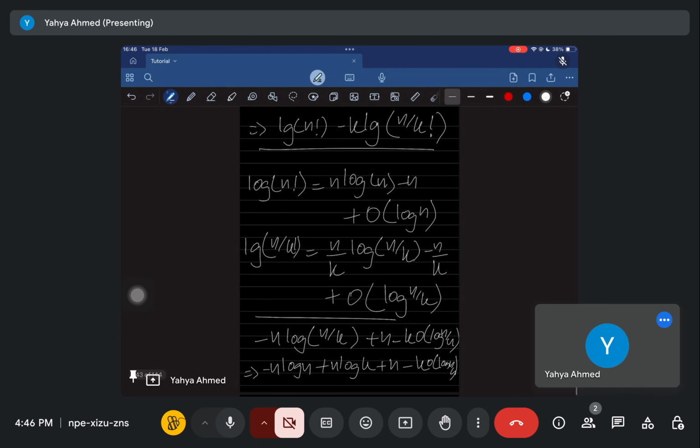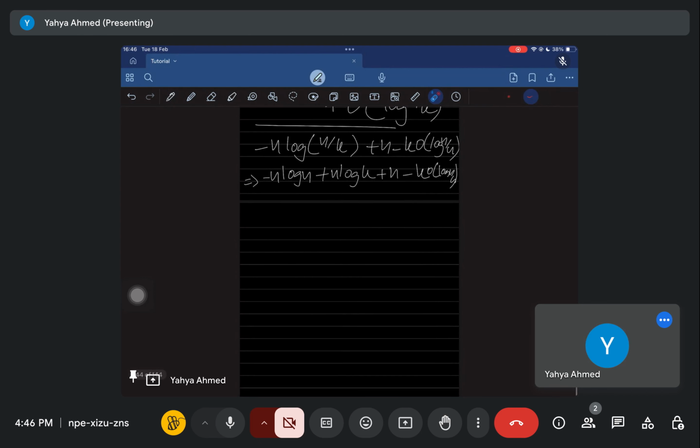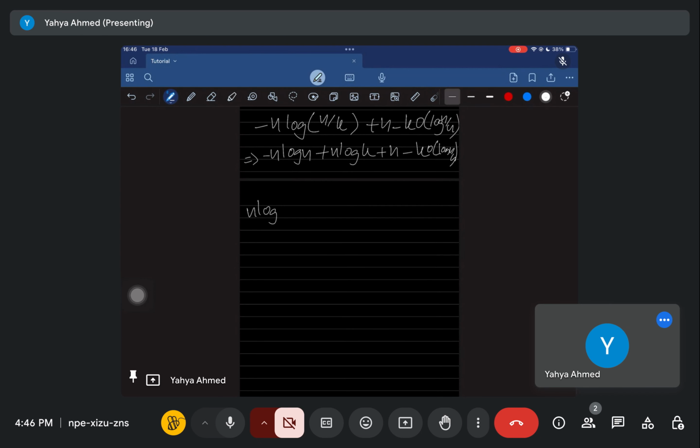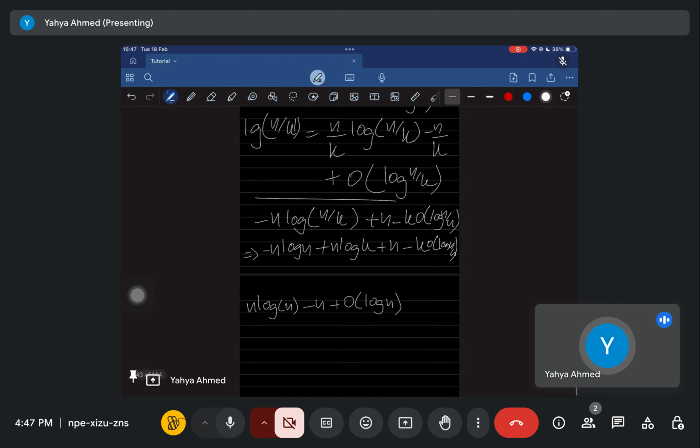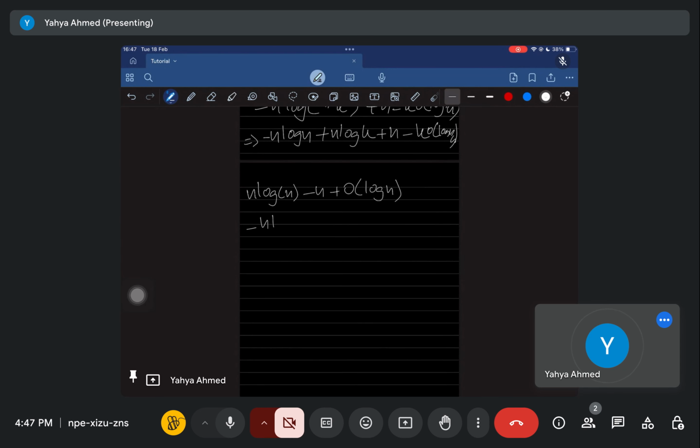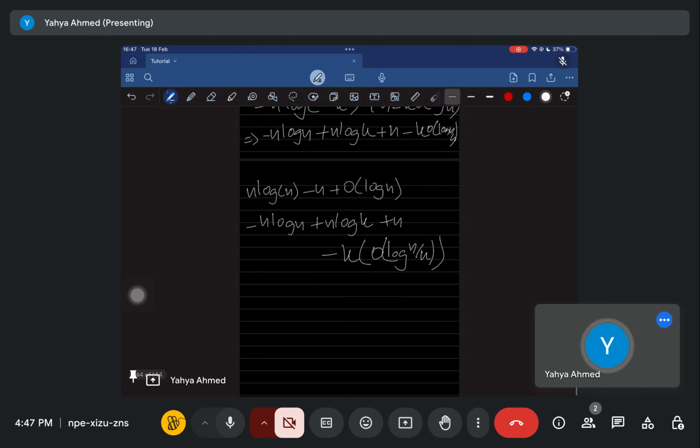Now let's rewrite this expression, which is log of n factorial. And so we have n log n minus n plus O of log n. Okay. And then the term from the above was minus n log n. I'm copying this now. And this leaves us with plus n log k plus n minus k times O of log n upon k, right?